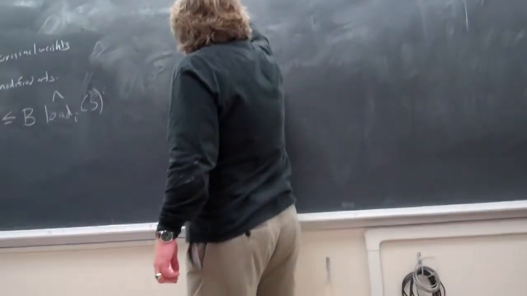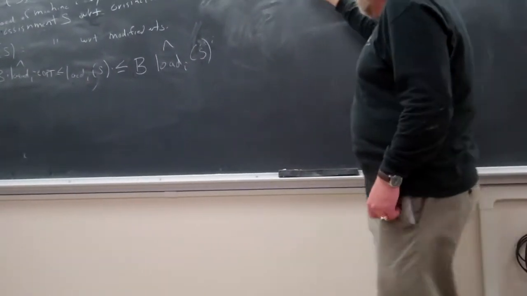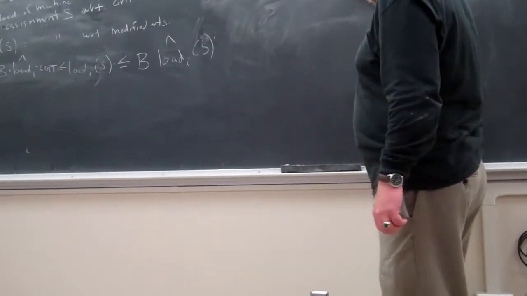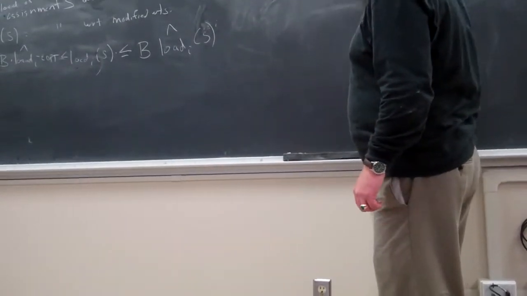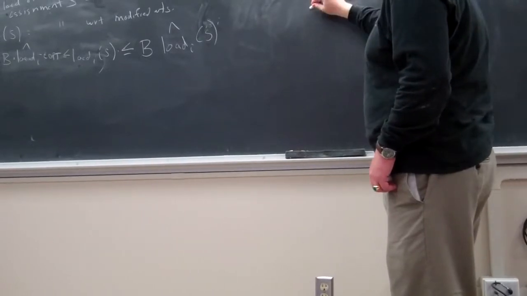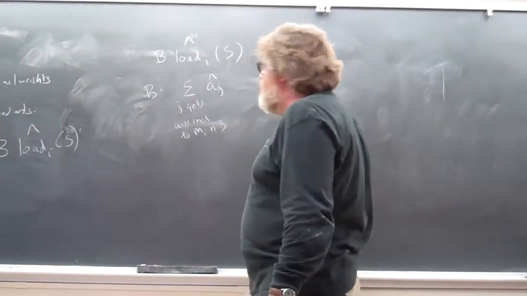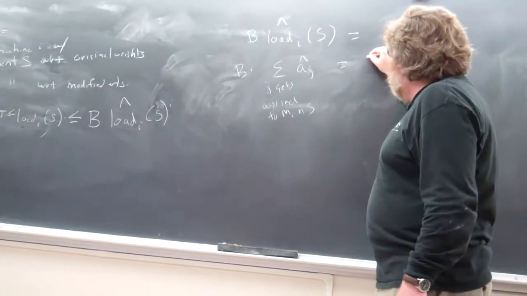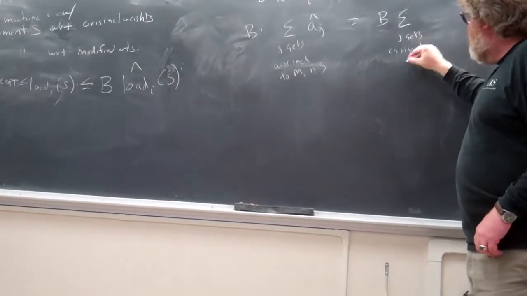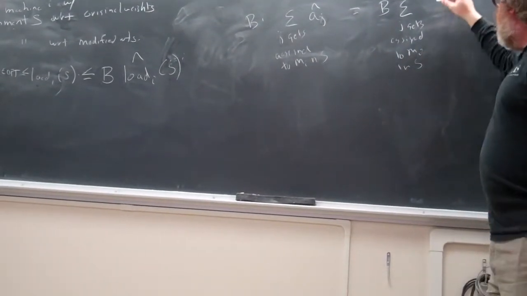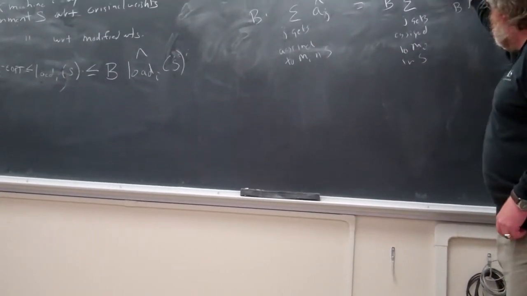If we look at B, this normalizing factor, B times the load of I in S, is B times the sum over A_j hat, where J gets assigned to machine I in S. While the A_j hats were just A_j over B rounded up.